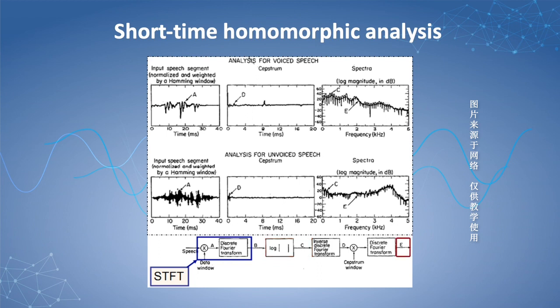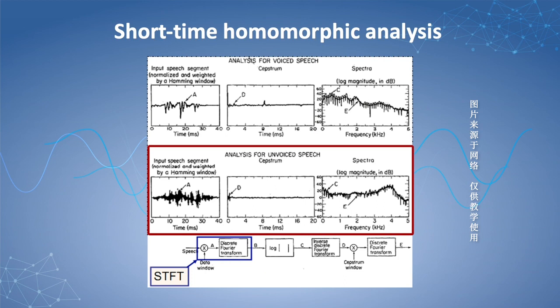Position E is the log magnitude of the smoothed spectrum after homomorphic filtering. For voiced speech, the cepstrum plot D has obvious peaks, and the homomorphic spectrum plot E shows obvious formant features. For unvoiced speech, the results behave oppositely.